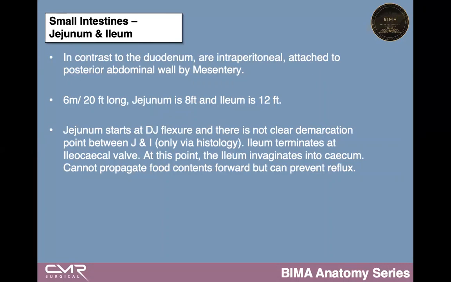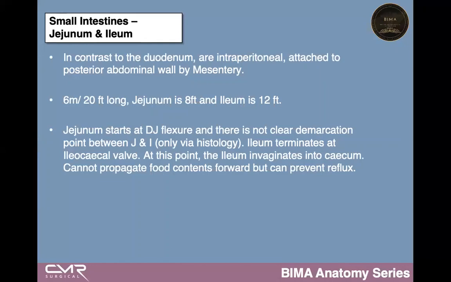The jejunum, as I've said, starts at the DJ flexure. And I'm just repeating myself here, but there's no clear demarcation point between the jejunum and the ileum. You can really only do it by histology. The ileum terminates at the ileocecal valve. And at this point, the ileum invaginates into the cecum.